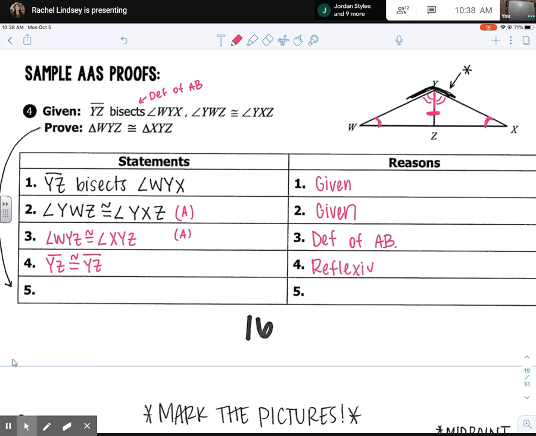Okay, and this one doesn't even have the prove at the bottom, but what we're trying to prove always goes in this last blank. So triangle WYZ is congruent to triangle XYZ by what? Angle, angle, side, or angle, side, angle? Angle, angle, side.